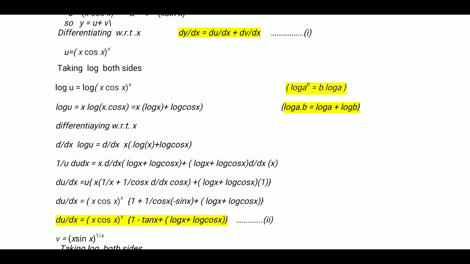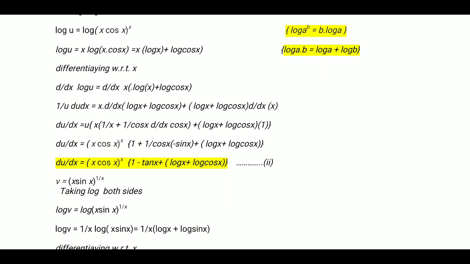So du/dx becomes (x cos x)^x [1 minus tan x plus log x plus log cos x]. This is the value of du/dx, and it will be put in equation first after finding dv/dx.